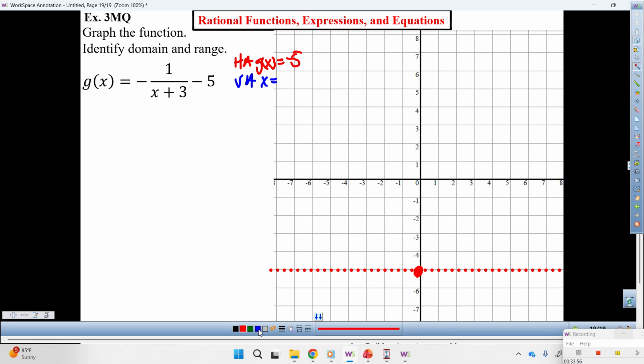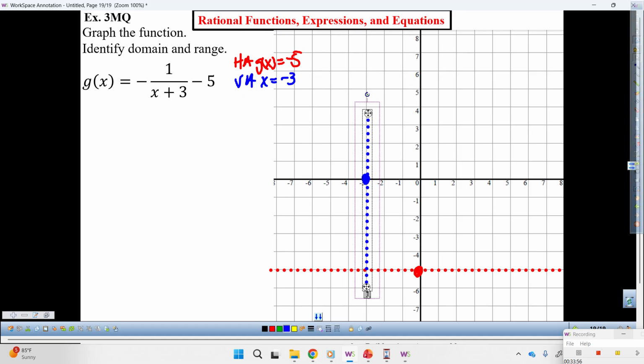And what is our VA, Geo? -3. Hands if you got -3. That is correct. So we plot our VA. There it is. Let me stretch this a little bit. There it is. Next, we need to graph that.